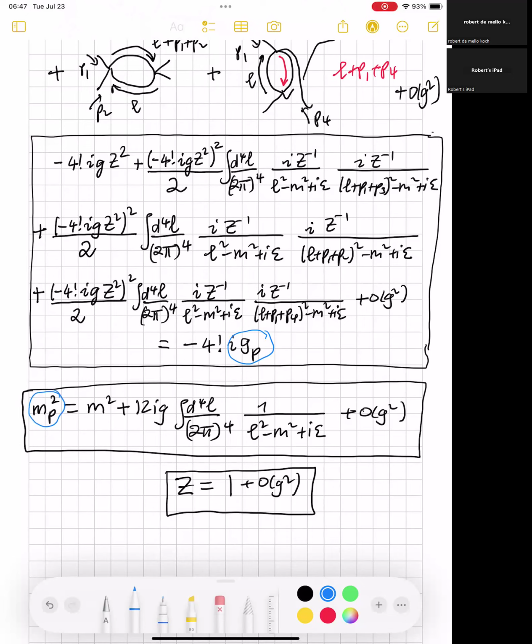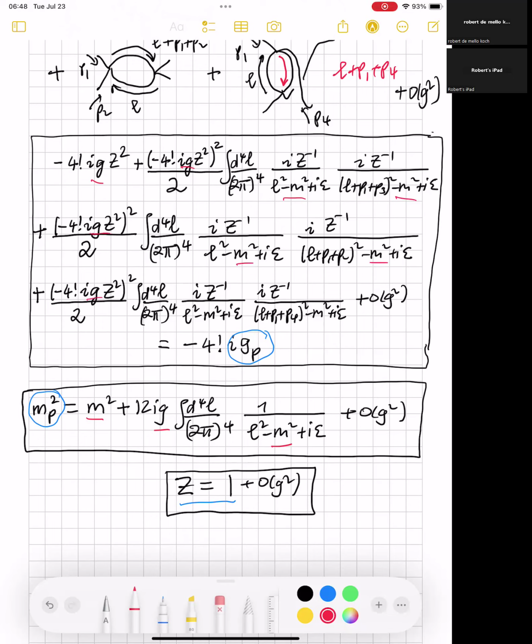And then using these two equations, what are the only things that are unknown? Well, you've already set the value of Z, so Z is no longer an unknown, but m is an unknown and g is an unknown. So those are the only unknowns that you've got, m and g, and they appear all over the place in these equations. But you now have two equations for these two unknowns.